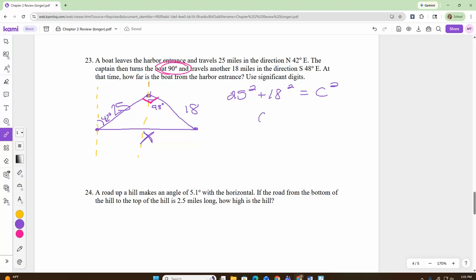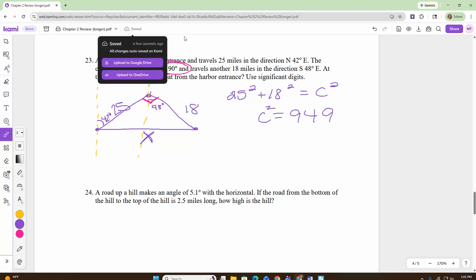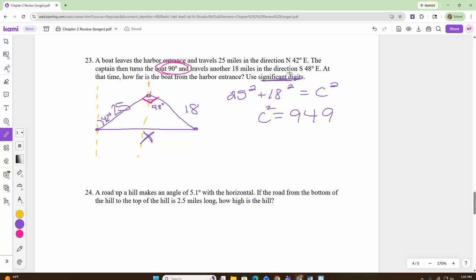So you get C squared equals 949. If I said exact, you would have to break that down, but I did say significant digits, so that means in decimals. So if you do the square root of 949, it comes out to be 30.8058. How many significant digits do we have in the problem? 2.